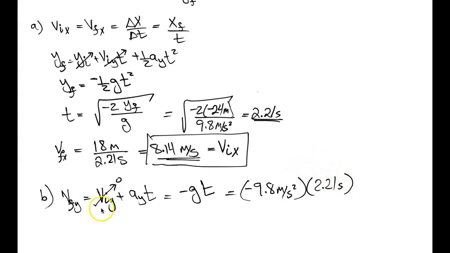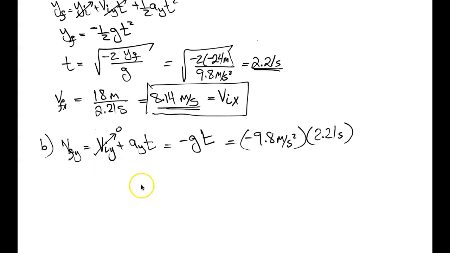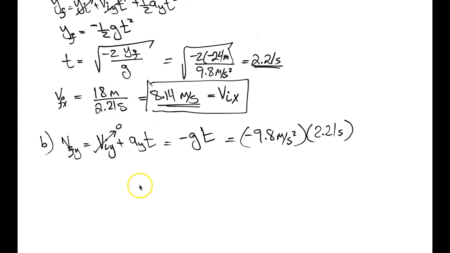And I don't want to do this calculation just now because we're going to use it in a square root in a little bit, and I don't want to keep rounding off numbers.